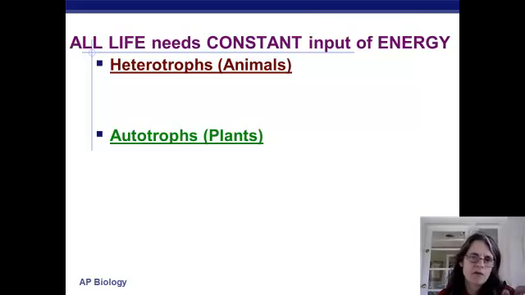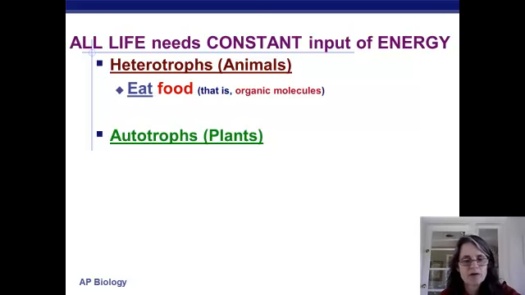All life, whether you are an autotroph, a plant, algae, photosynthetic, anything, or even a chemosynthetic organism, all life, autotroph or heterotroph, needs a constant input of energy from the environment. The minute you stop taking in energy is when you are unable to maintain homeostasis and you are dead, okay?